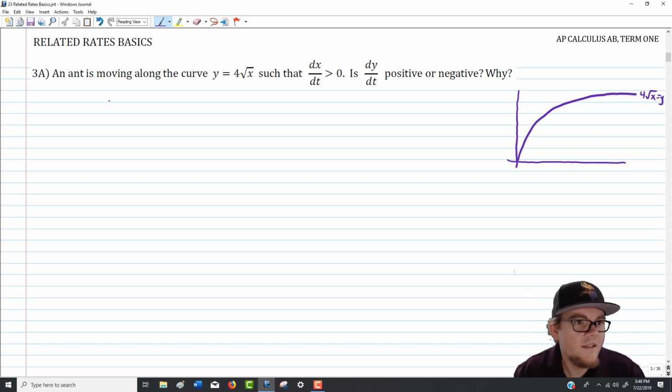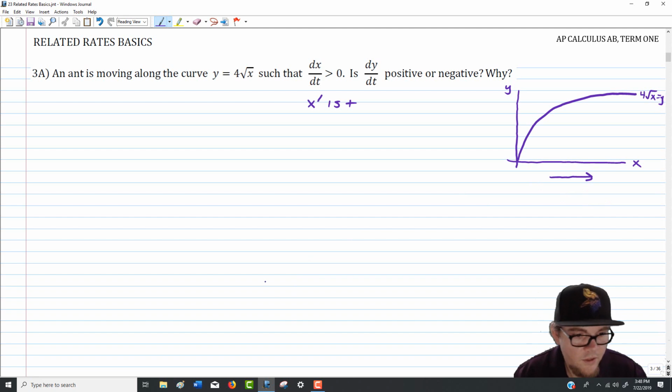And it says that the ant is moving along the curve such that dx/dt is greater than 0. So in other words, they're saying x prime is positive. Translating that into our picture, if x prime is positive, that means the rate of change of x is positive, which means it's moving in a positive direction.